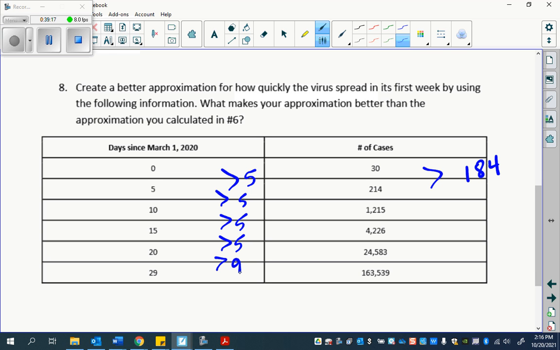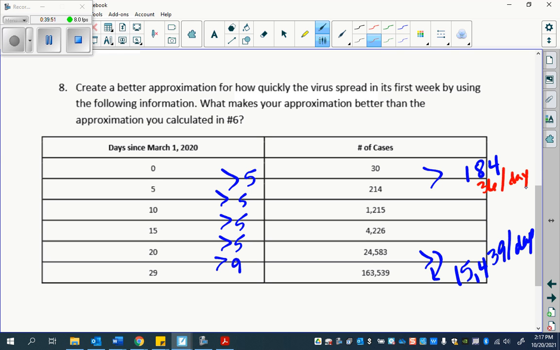This average rate is 15,439 cases per 1 day during that interval. That's crazy if you think about the differences, where in this one my interval was 36 cases per day, right?